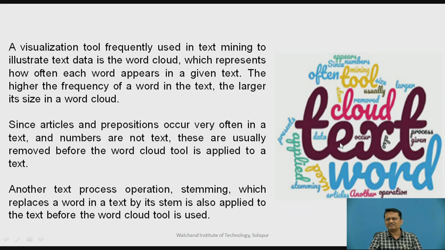What does it indicate? It indicates that in this text paragraph, the word text is the most frequent word. So if you look, many times you will find the word text. Here you will find text, text, text, text. So that frequency of the occurrence of that particular word gets reflected in this word cloud.